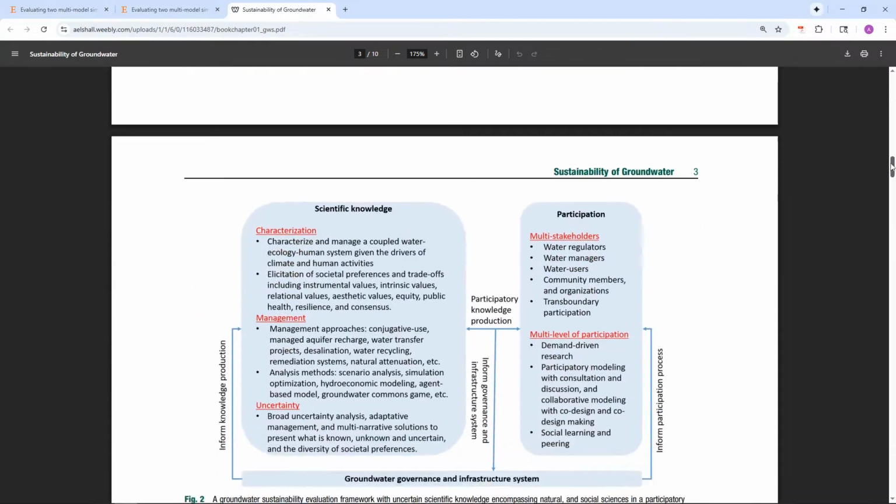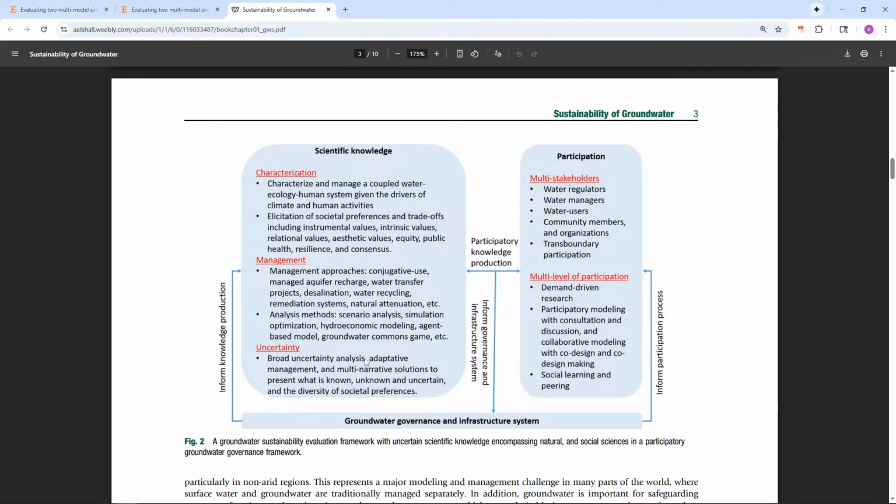Now, let's see another one. Here is a groundwater sustainability evaluation framework with uncertain scientific knowledge, encompassing natural and societal science and the participation of the groundwater governance framework. So if I want to evaluate groundwater sustainability in a certain area, what do I need?